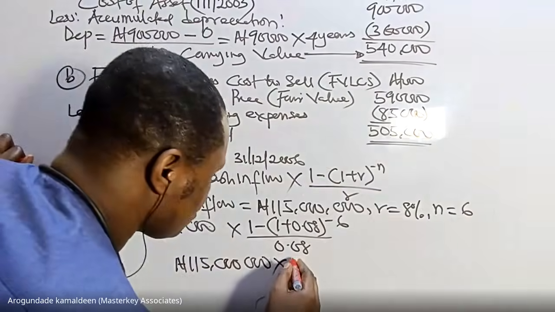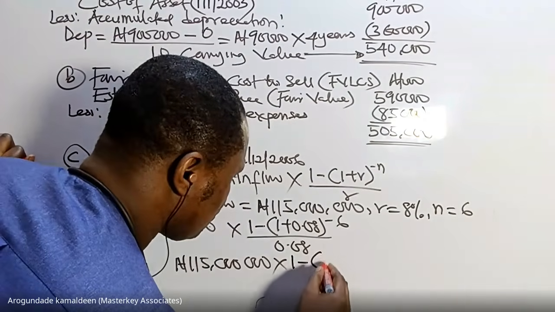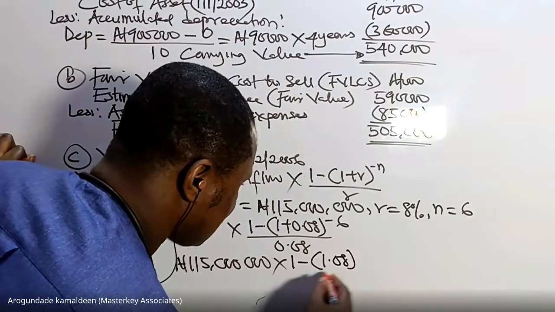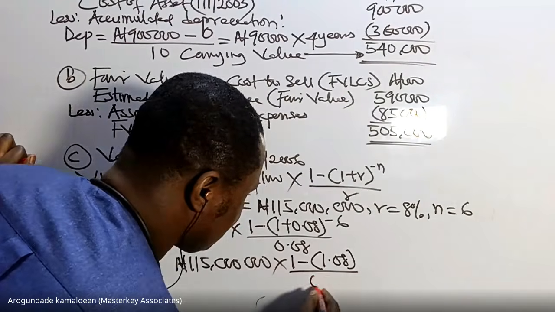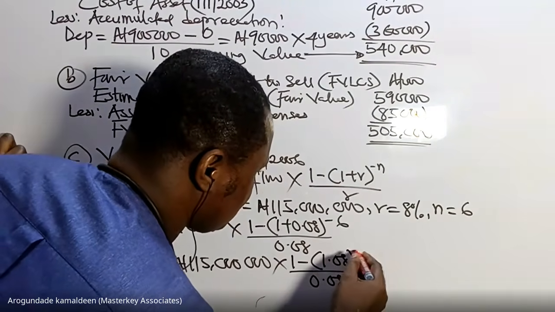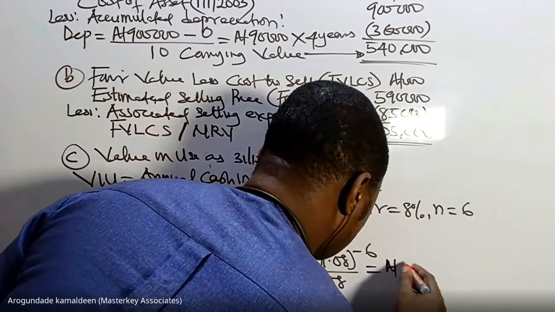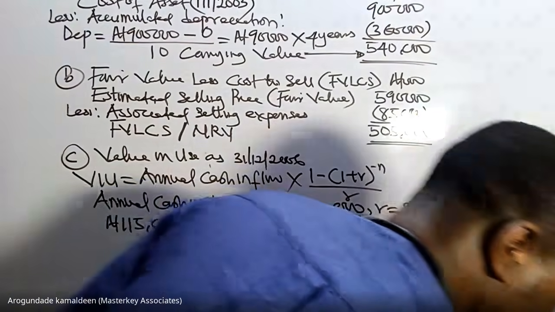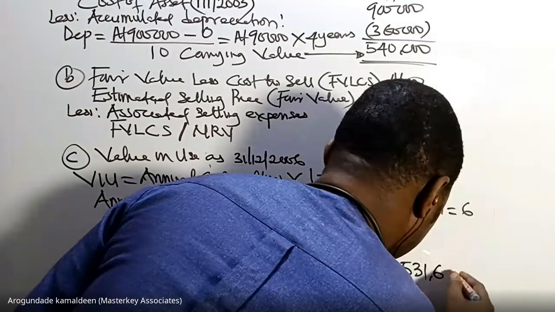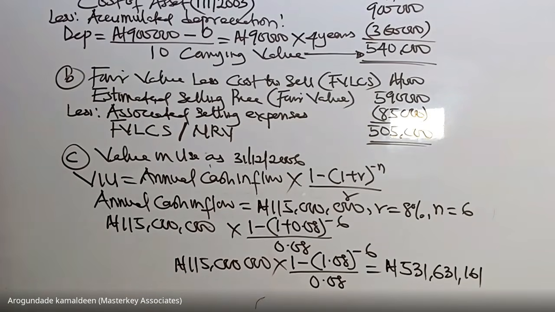Here you have 1 minus 1.08 to the power of minus 6, over 0.08. If you do all that, times 150 million, here you have 531,631,161. That is the value in use.